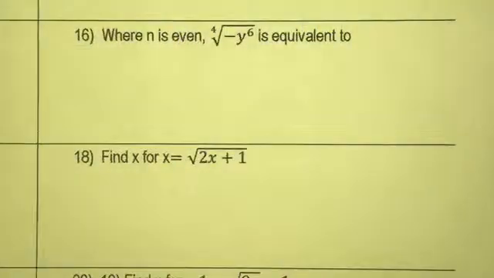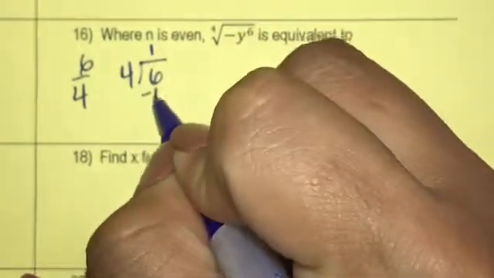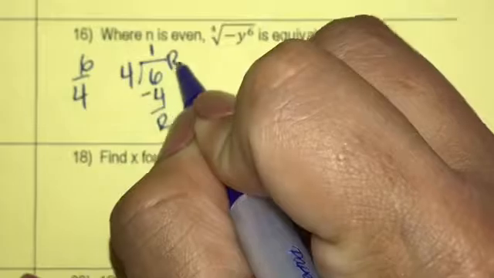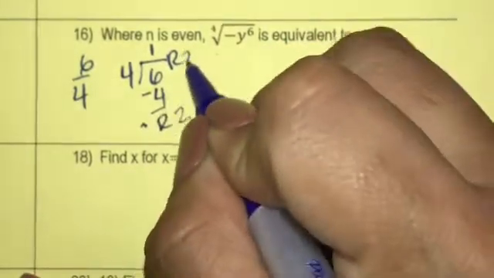Okay, number 16, where n is even, it says the 4th root of negative y to the 6. You're just going to leave that negative there. So you're going to say 6 divided by 4. So 4 goes into 6 one time with the remainder of 2.